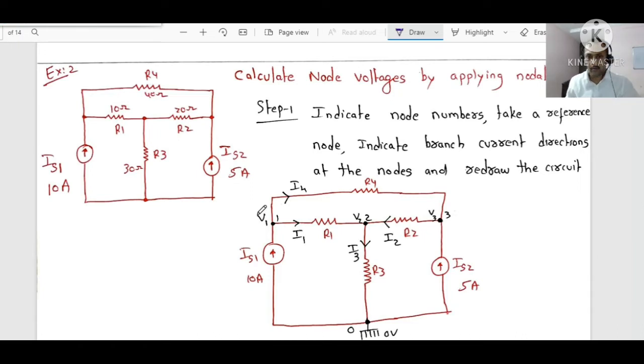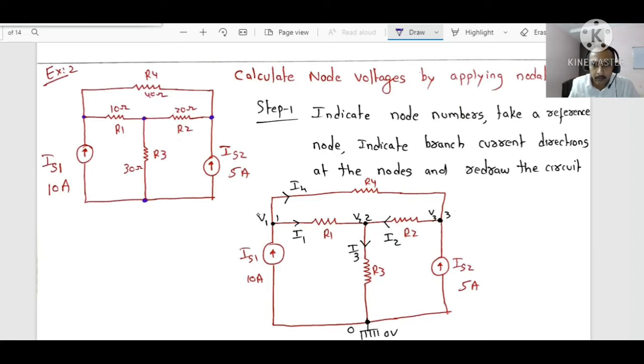See, dear students, we are increasing the level of difficulty. In this problem, you can observe there are 3 nodes. If a problem is given like this, step 1 is we will indicate the nodes. This is one node, V1. This is another node, V2, and this is the third node, V3, and this is the fourth node.